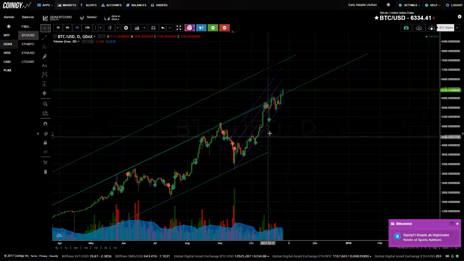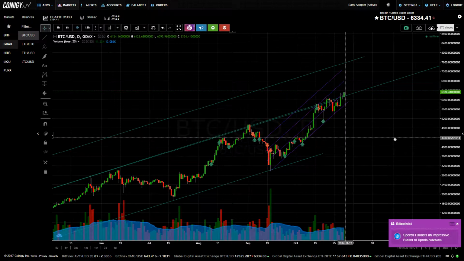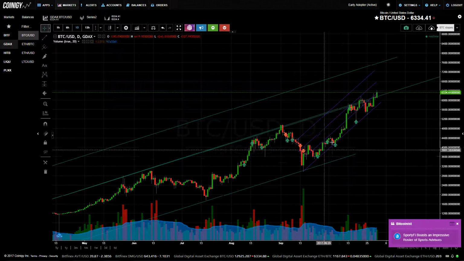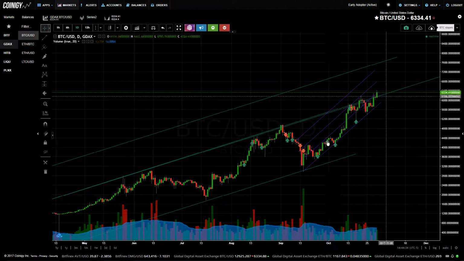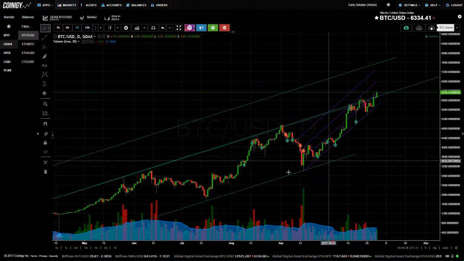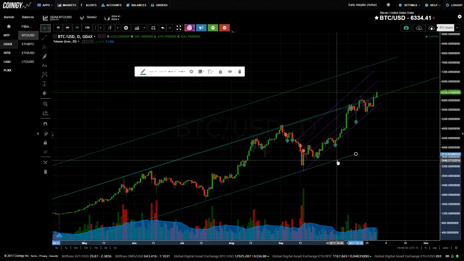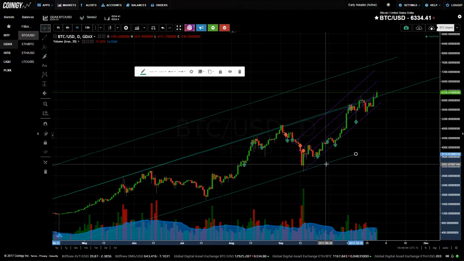Now it's bouncing back and forth between this channel, a steeper trend, and so I'm watching it. If it breaks out of this steeper trend, then it's going to come back down to the narrow one.